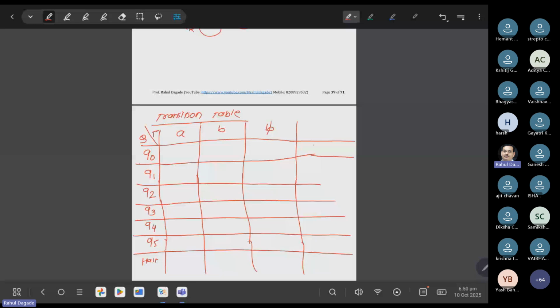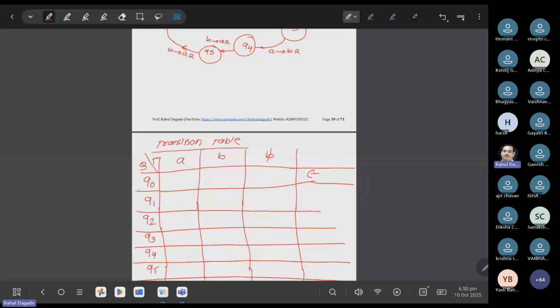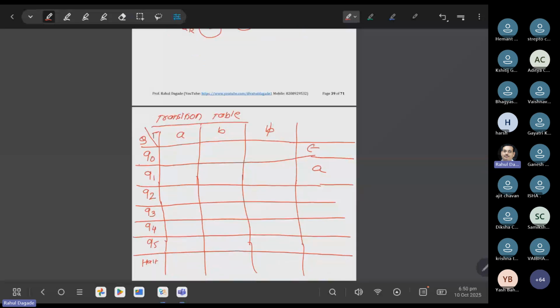Q0 is a null state, that is, I haven't got anything of ABB. So if it gets A, and what Q1 indicates? Q1 indicates I got A. And what Q2 indicates? I got AB. So when Q0 state I got A, I'll come to Q1 and go to the right. And if in B, for example, in Q0, if I get B, I'll remain into the same state because I have to read A. So B, I'll just go to the right.